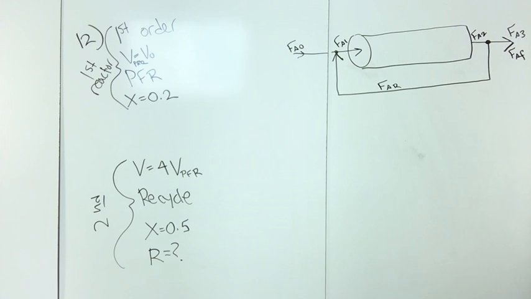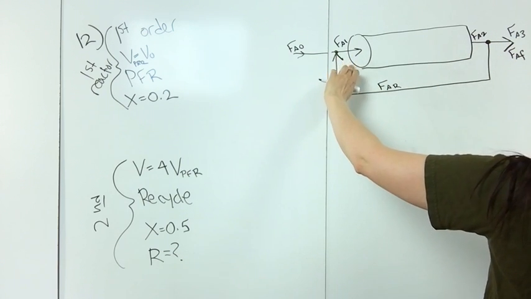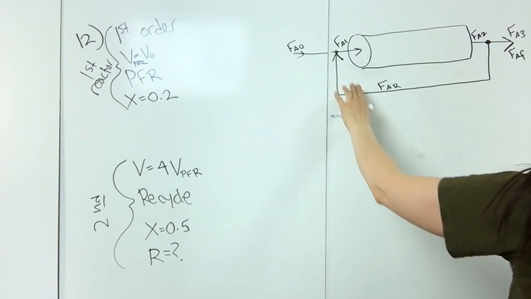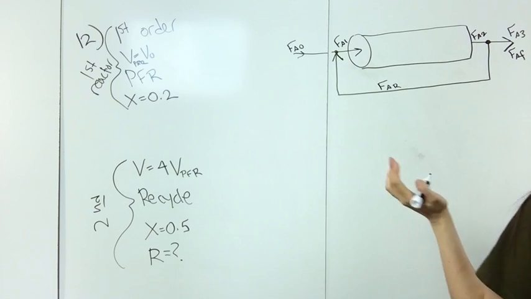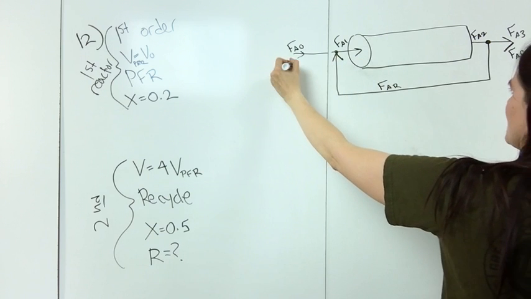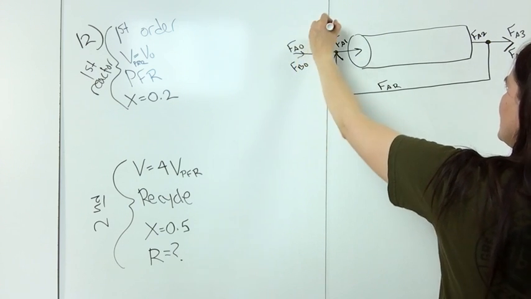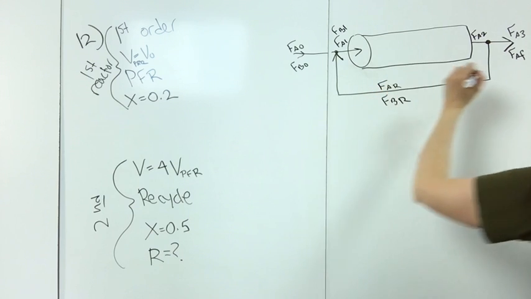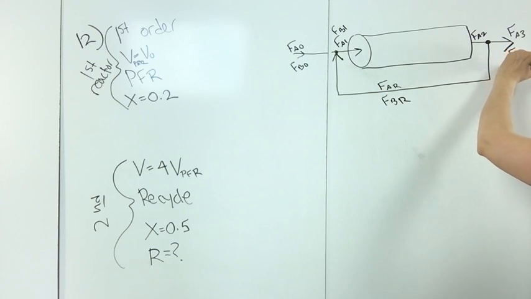So just make sure you're clear about what stream you're talking about when you name these, or when you're looking at equations, make sure you're aware of what terminology they're using. This applies to all of the species, so this would be FB naught, FB1, FBR, FB3, etc.